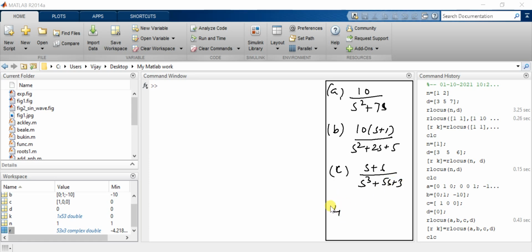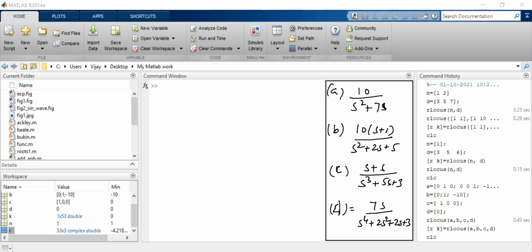The fourth example, let's take D, as 7s upon s to the power 4 plus 2s square plus 2s plus 3. So we have to draw the Bode plot of these transfer functions.